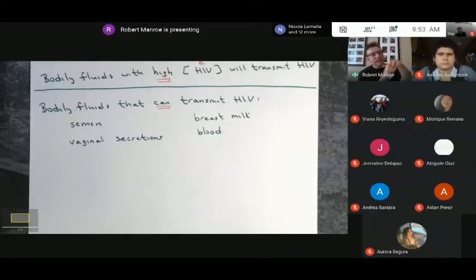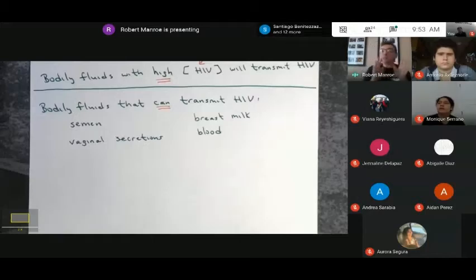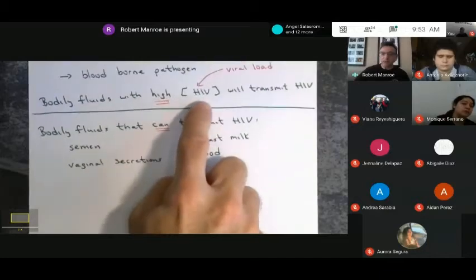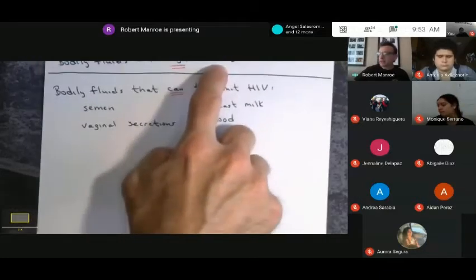Since the gum tissue splits, that exposes the blood vessels. And if mom is HIV positive, as the child drinks the breast milk, you are bathing those exposed blood vessels with a fluid that has a high HIV viral load.